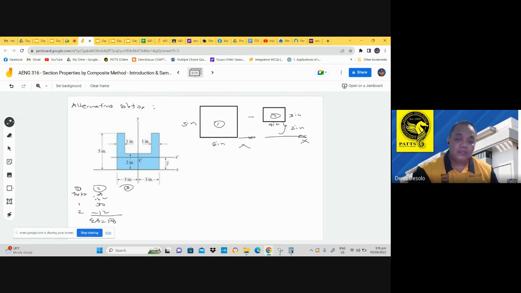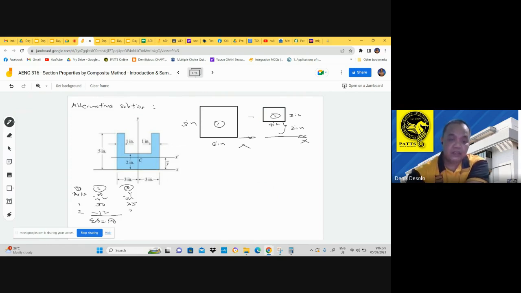Column 3 is the height of the centroid of each part above the reference axis. Okay? So part 1, since it's already on top of the x, I just simply divide 5 by 2. That will be 2.5. And this one, I divide the 3 inches by 2. So that's 1.5 plus the 2 inches, which is the gap.